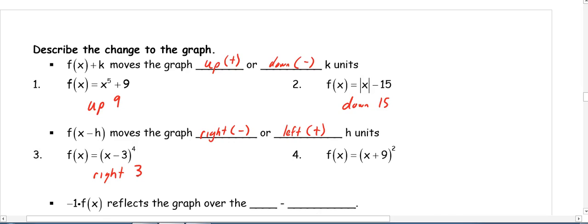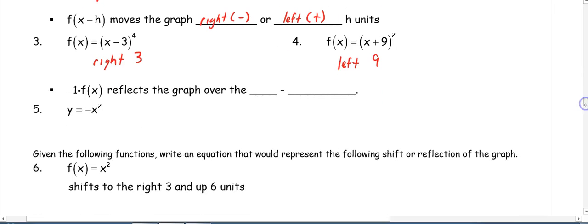Number 4, we have f of x equals parentheses x plus 9 squared, which in this case means that we would move left 9. The last one, we multiply by -1, remember that we are going to reflect over the x-axis. So in this case, we would just reflect over the x-axis.